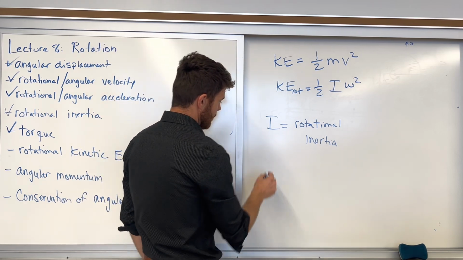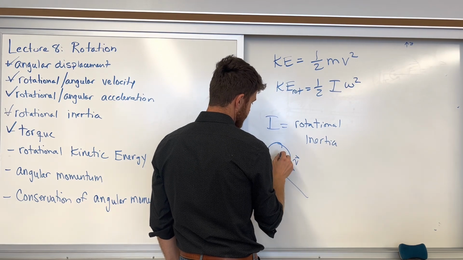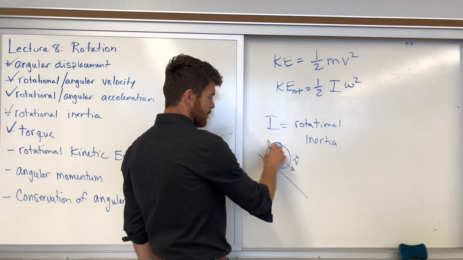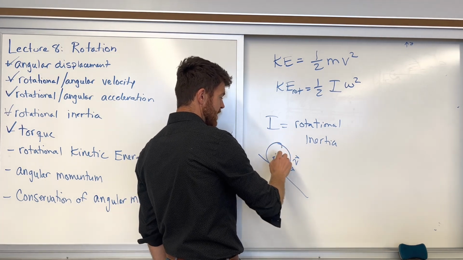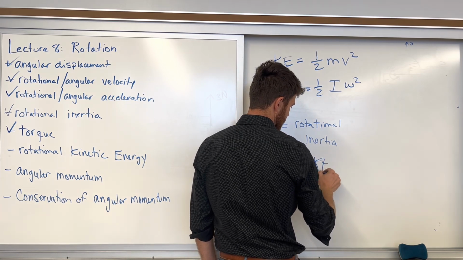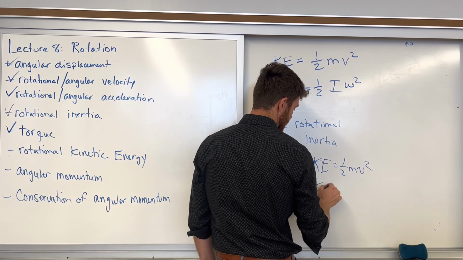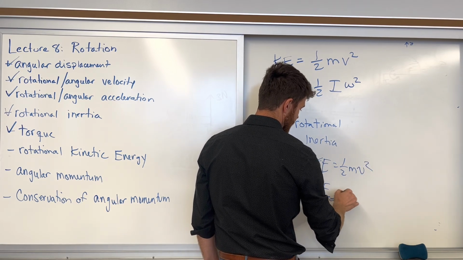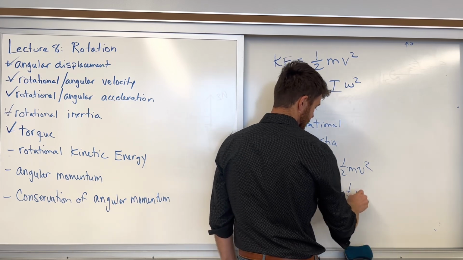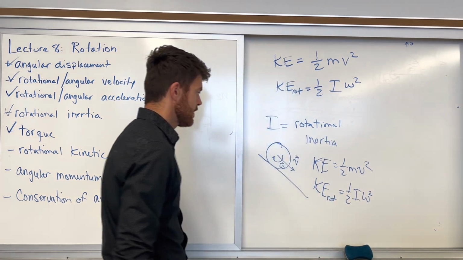Okay, so for example, if a wheel is rolling down a hill, not only does it have a velocity, but it has an angular velocity too. As it rolls faster, it not only has a translational kinetic energy, but while it's rotating down the hill, it's going to have a rotational kinetic energy, which is the rotational inertia of the wheel times its angular velocity squared.